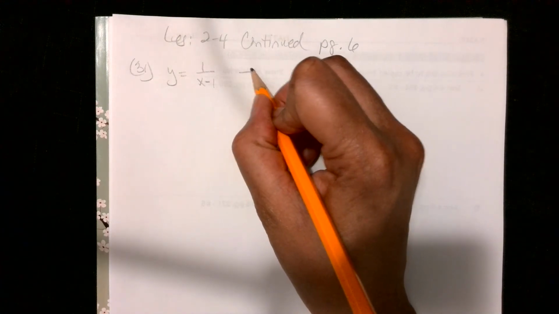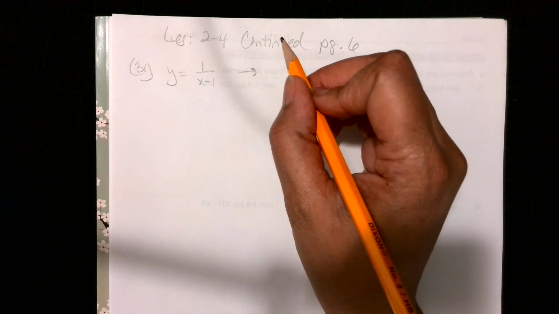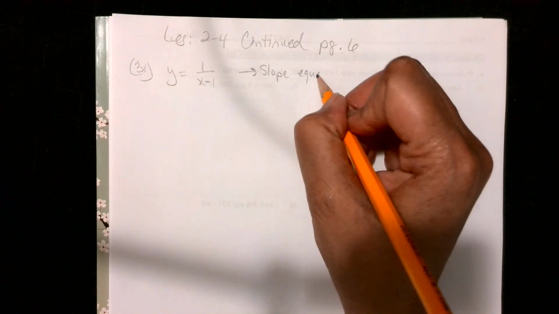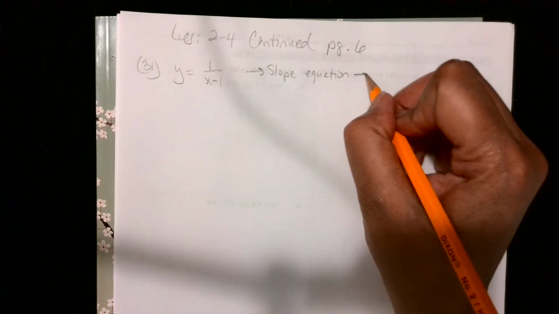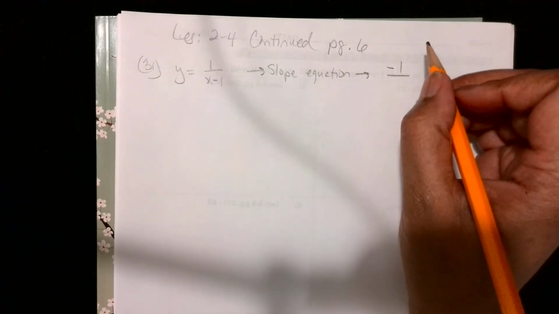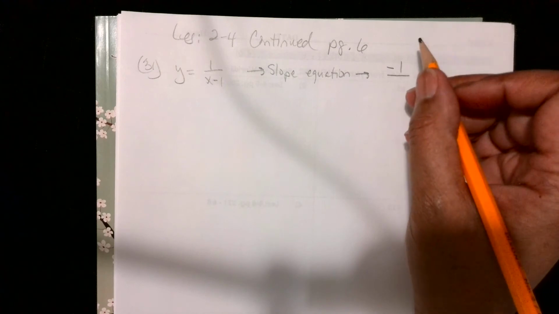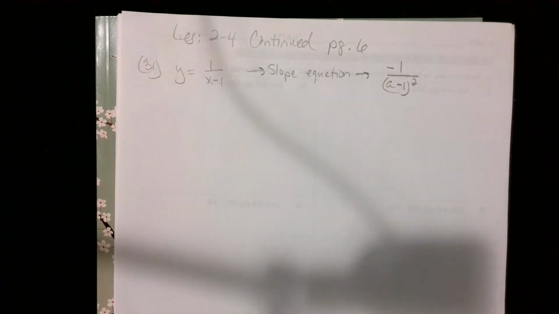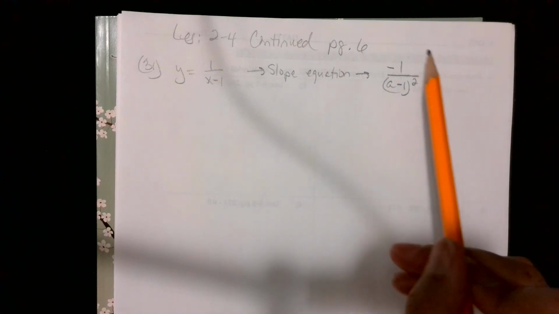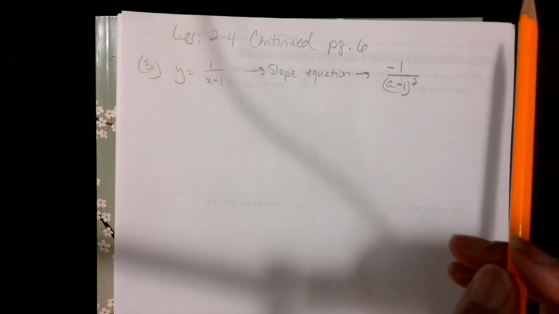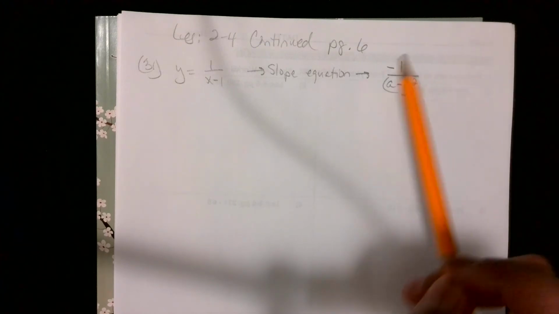So the slope equation was -1 over a minus 1 squared. So what 31 is asking you to do is take the slope equation, set it equal to -1, because this is the slope equation.